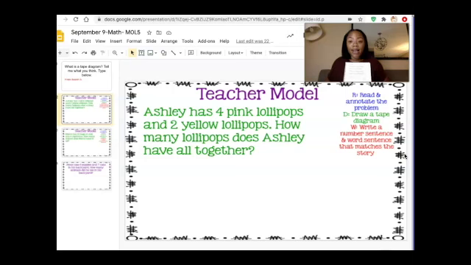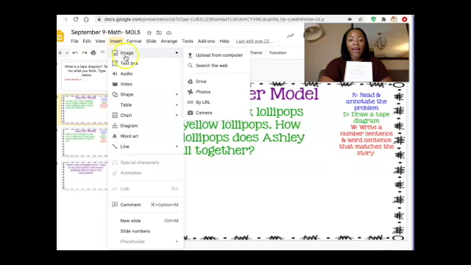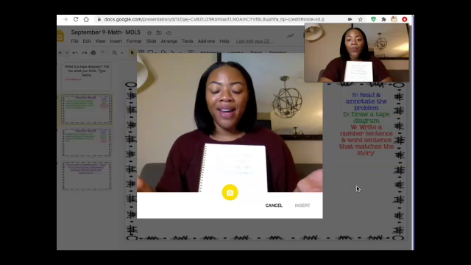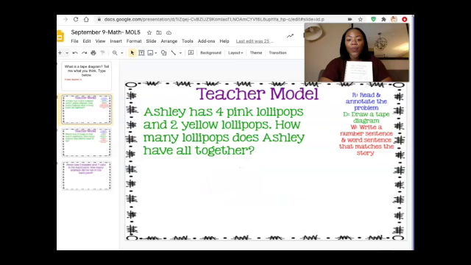Now here is the next step, and it's super important. You all need to see my work. So I'm gonna click on File, on Insert, click on Insert, Image, and you want to go all the way down to Camera. When you click on that, your face should pop up.